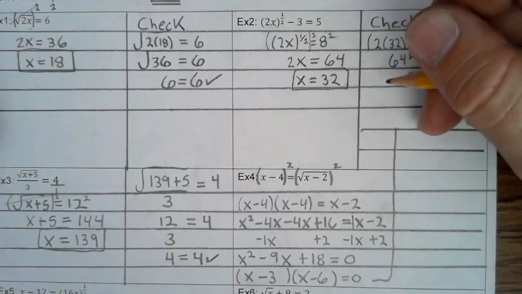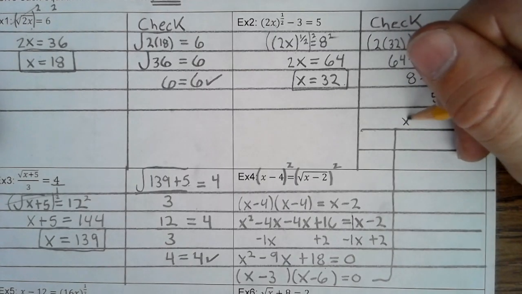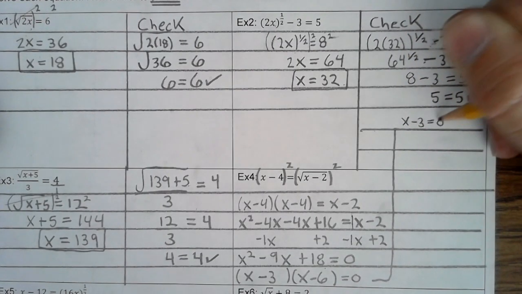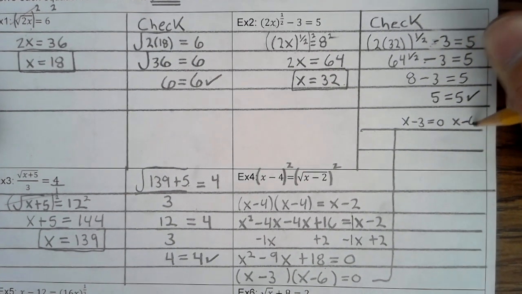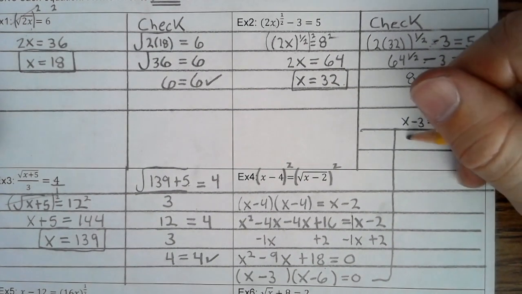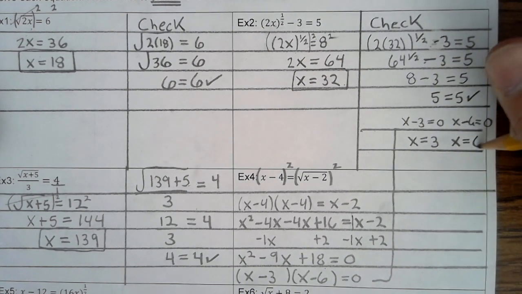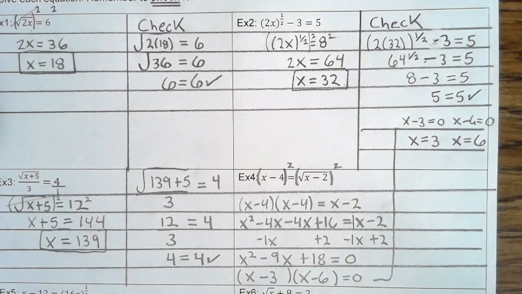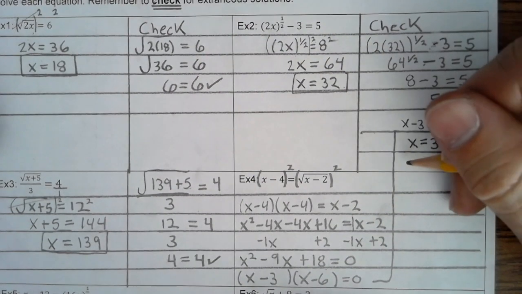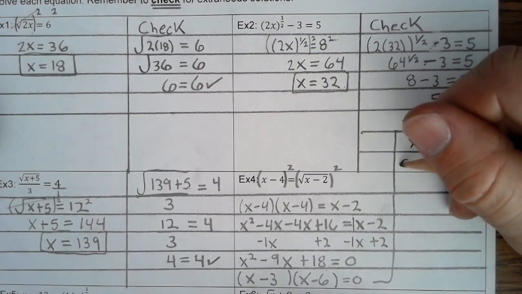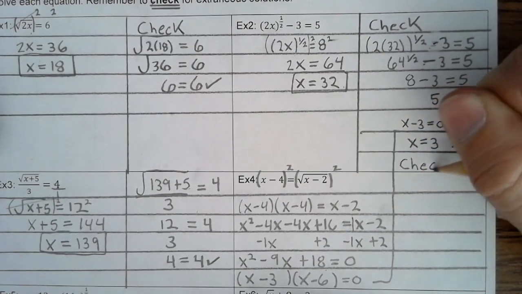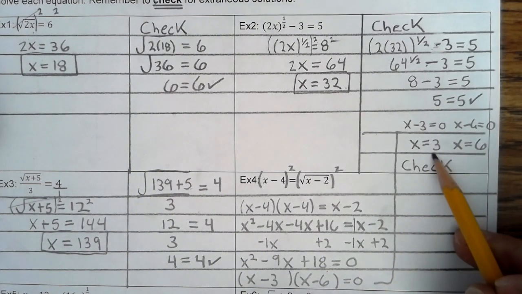Okay, so then you have x minus 3 equal to 0, x minus 6 equal to 0, so x equals 3 and x equals 6. So now we need to check both numbers. So let's do 3 first.